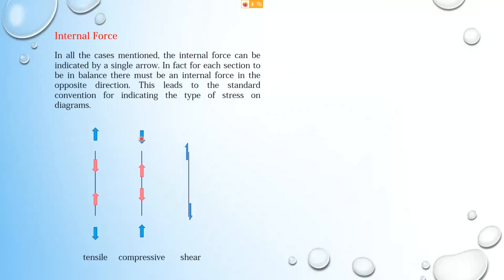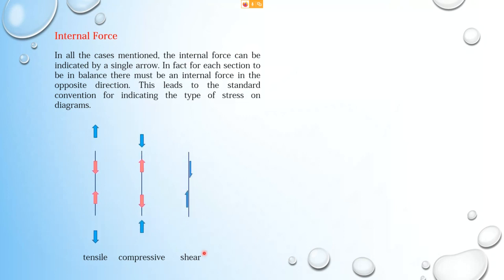The external applied force, the blue arrow, is pointing towards each other, but the internal resistance is acting away. So this diagram represents compressive.